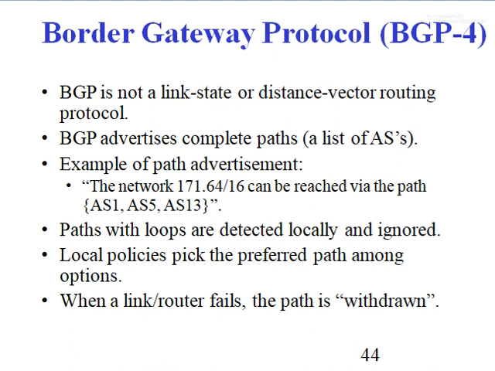When BGP runs between two peers in the same autonomous system, it is referred to as internal BGP, iBGP, or interior Border Gateway Protocol. When it runs between different autonomous systems, it is called eBGP.